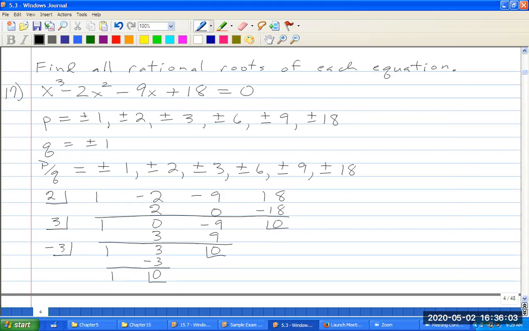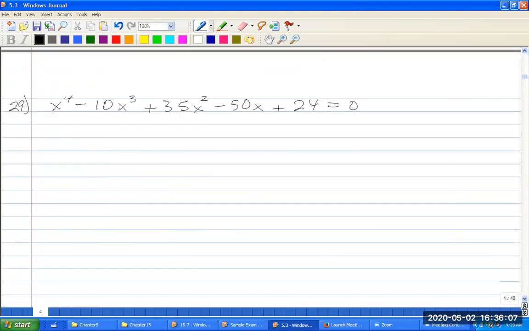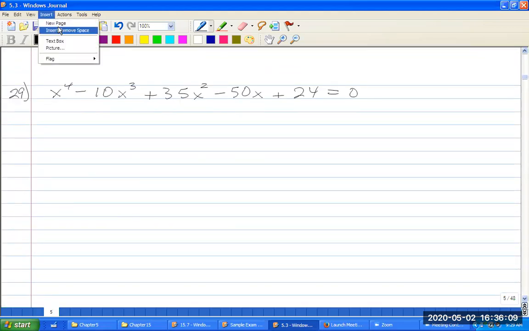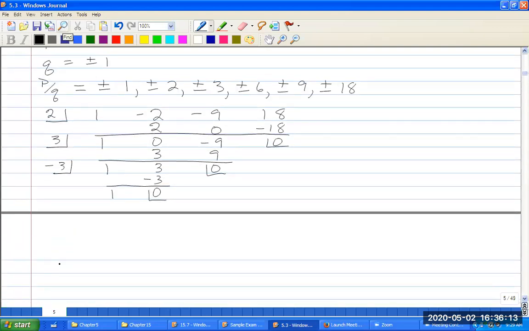And so this says that the rational roots are 2, 3, and minus 3.